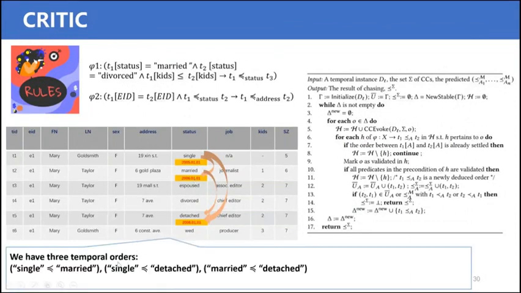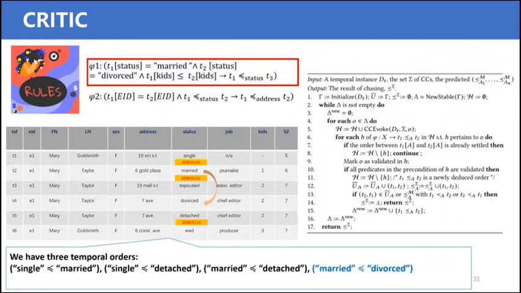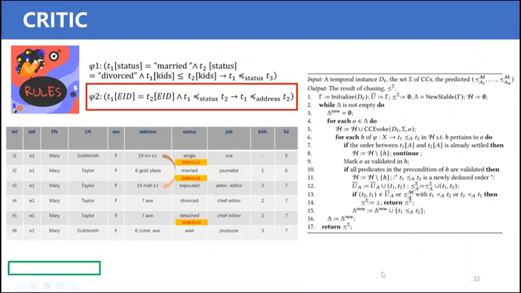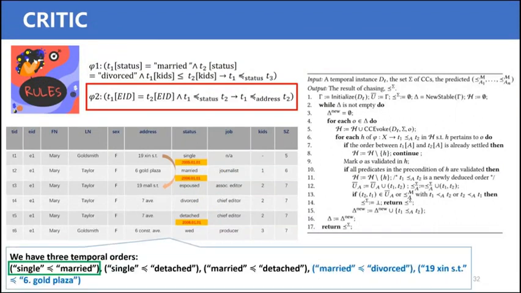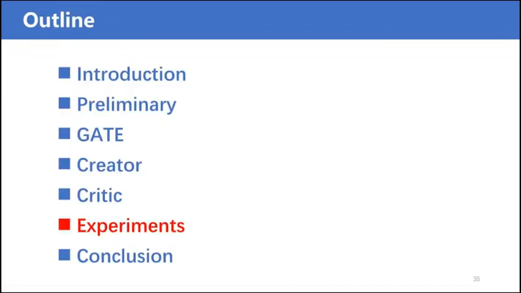You can see that we have 3 time orders, and we use phi1, the CC, as the first rule, and we can deduce more time orders. Mary is earlier than divorced, and then we use phi2 as the second rule to deduce more time orders via chase, and then we use these time orders to deduce more time orders. So the time orders in blue are the new time orders the critic deduced.